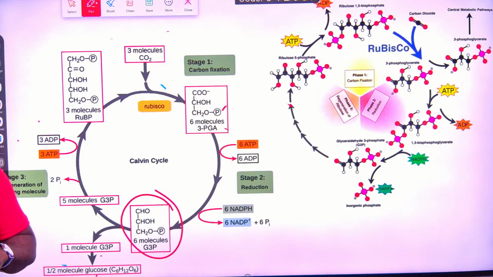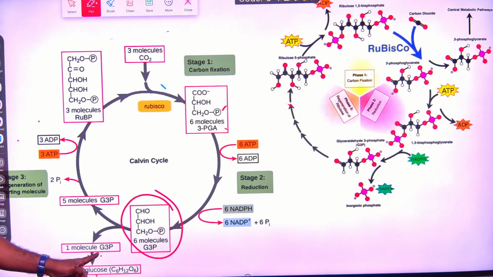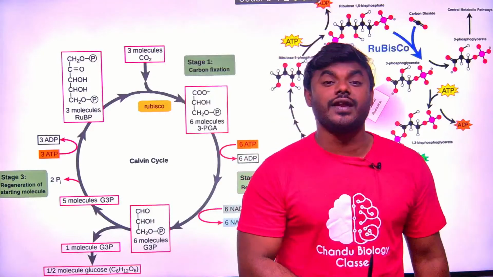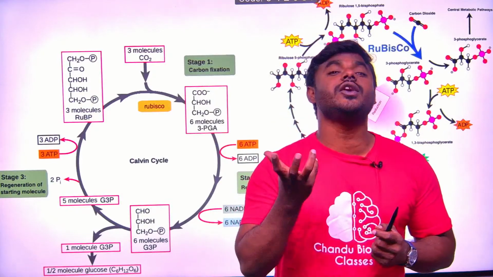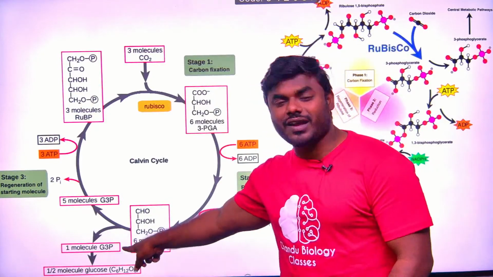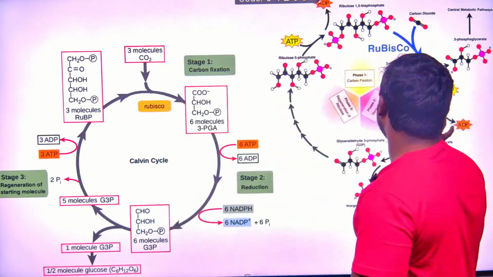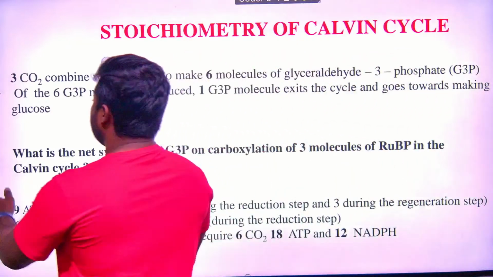How 1? Because only 1 is coming out and producing half glucose. So how many used? 1. 1 is only coming out of the cycle. What is the meaning of net here? How many are finally used, not how many are generated. We generated 6, but used how many? 1. That is what exactly we call the net.